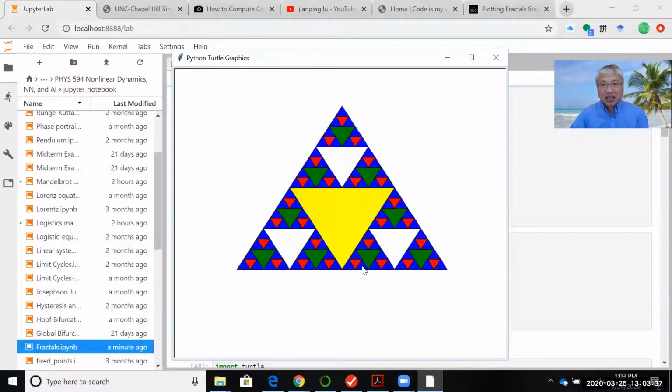Okay, it's not log 4 over log 3, it's log 3 over log 2. Everybody get that? I reduce the factor by 2. So from 1 copy, if I'm now using a factor 2 scaling, then I get 3 copies. So therefore, the dimension of this thing is log 3 over log 2. You agree? Yes.